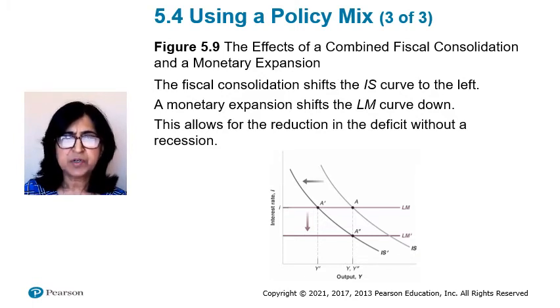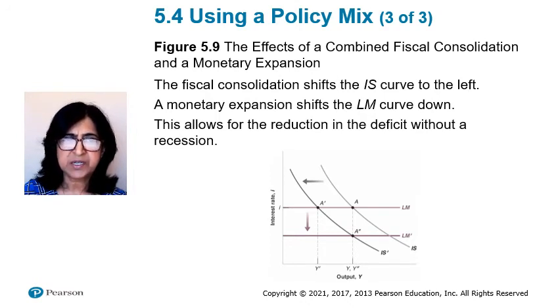If the government reduces the deficit, say by increasing T or by decreasing G or both, the IS curve will shift to the left from IS to IS prime. The equilibrium will be at point A prime with the level of output Y prime. At a given interest rate, higher taxes or lower spending will decrease demand and through the multiplier decrease output.